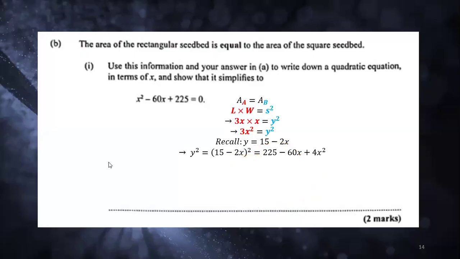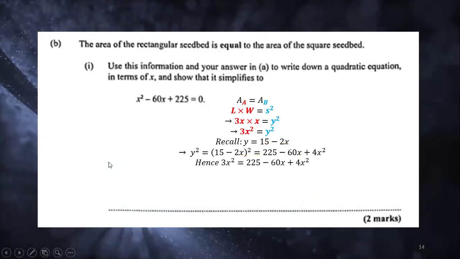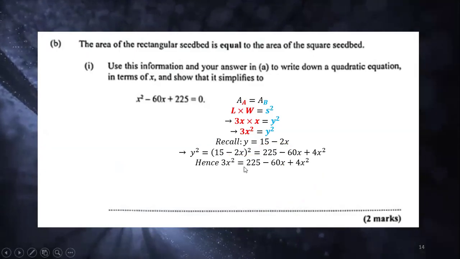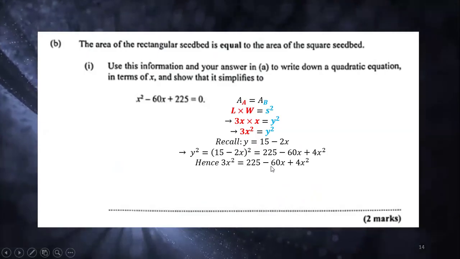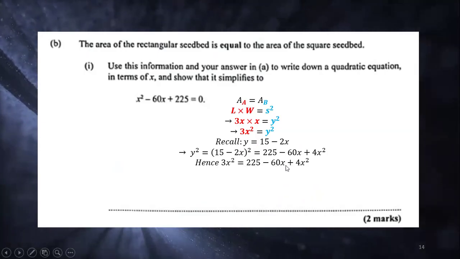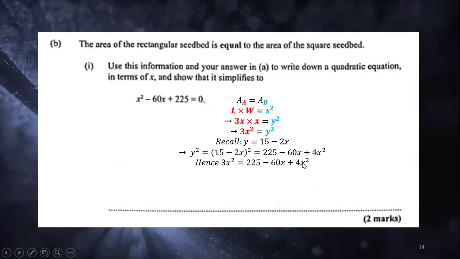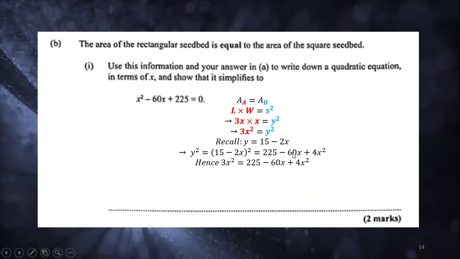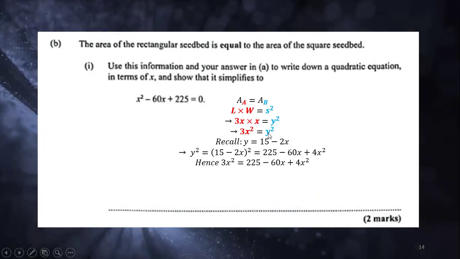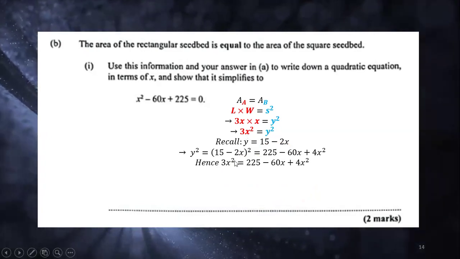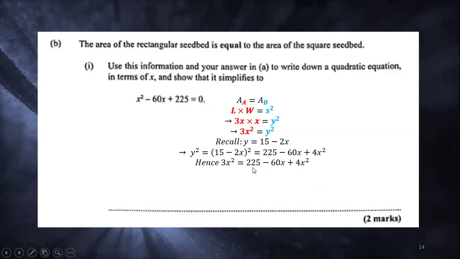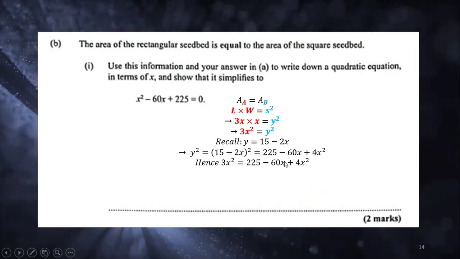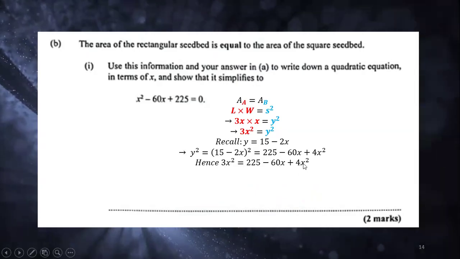Next, hence 3x squared is going to be equal to 225 minus 60x plus 4x squared, because we just worked out what y squared is, and y squared is the same as 3x squared.